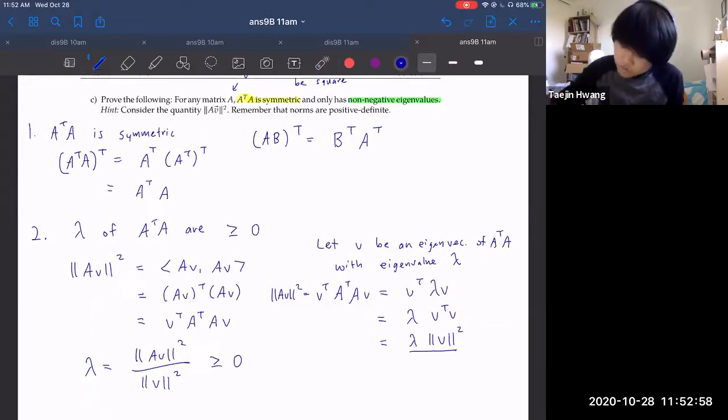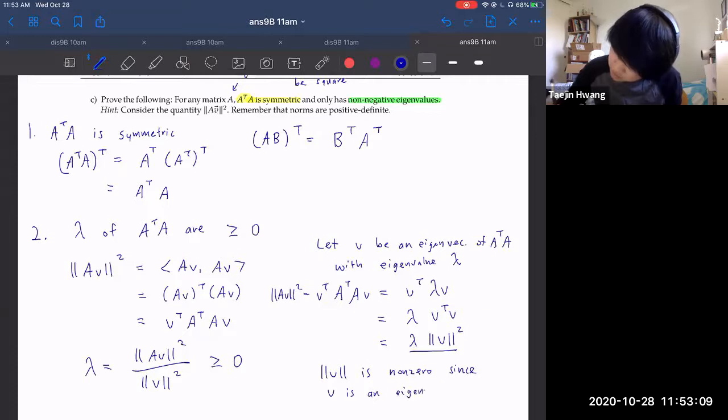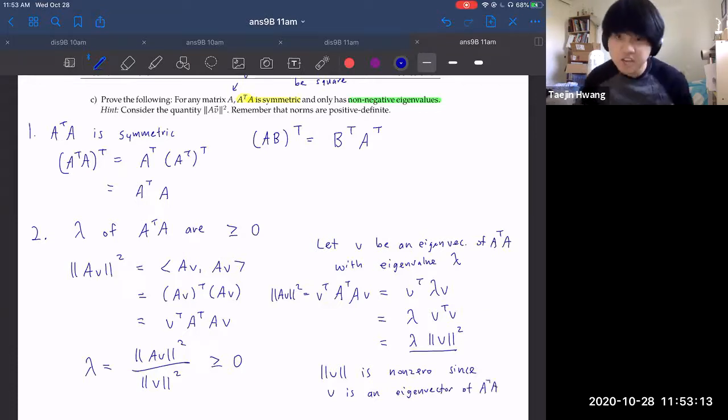And the norm of V is non-zero since V is an eigenvector of A transpose A. Remember how earlier we said eigenvectors can't be 0. So V is not equal to 0.